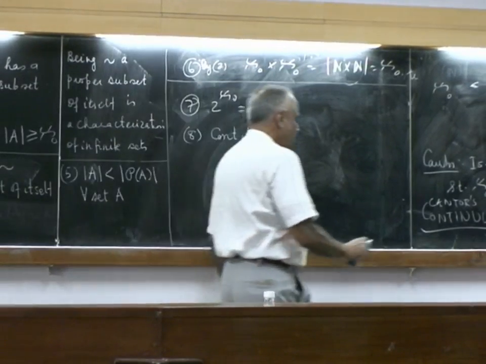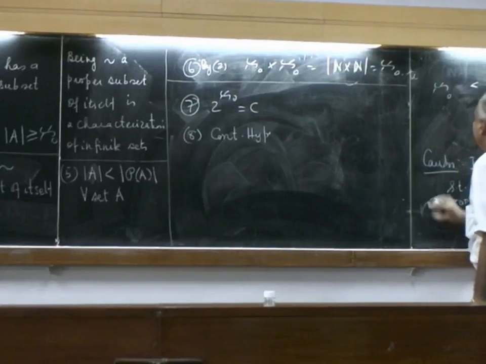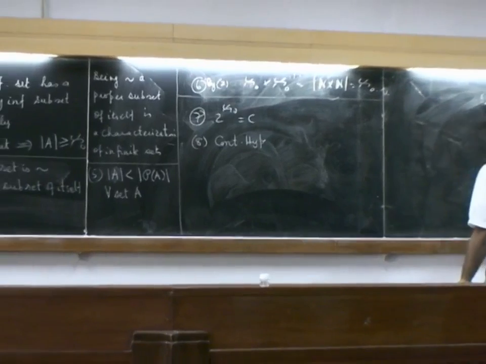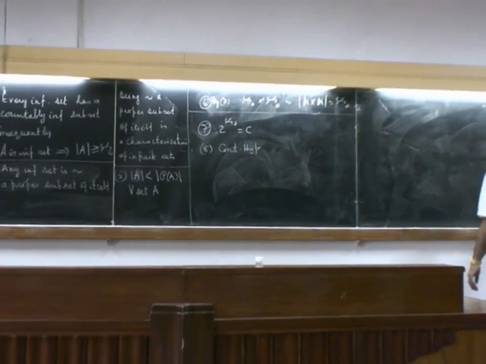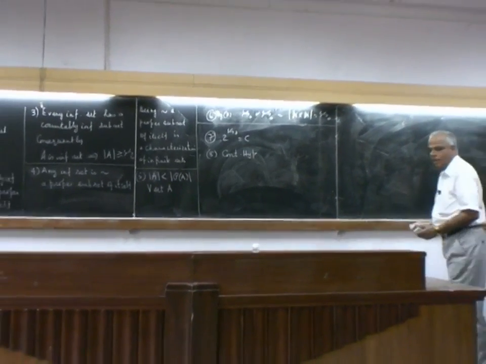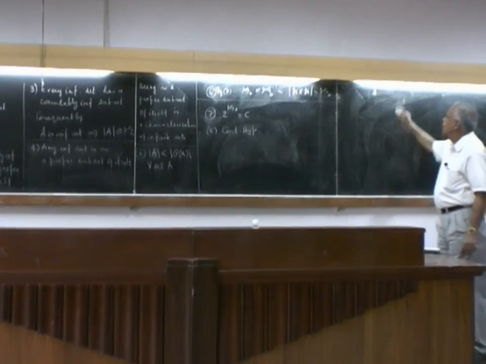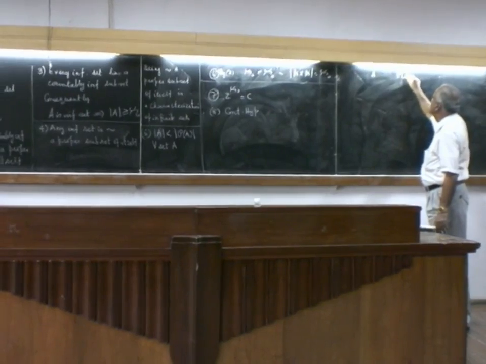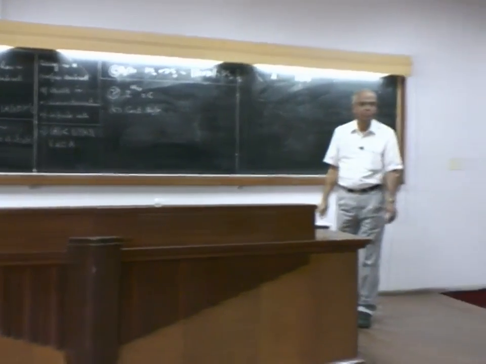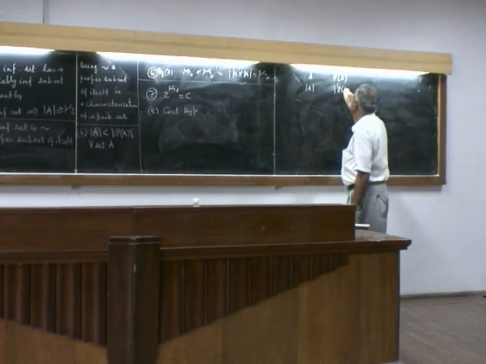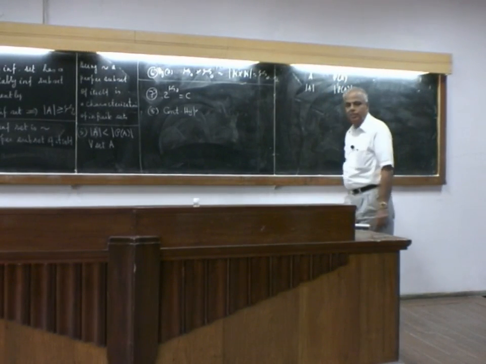Now I want to look at a few things. First of all, let us look at a set A and its power set P(A). This has cardinality |A|, this has cardinality 2 to the |A|.